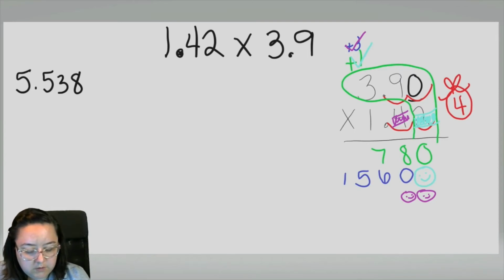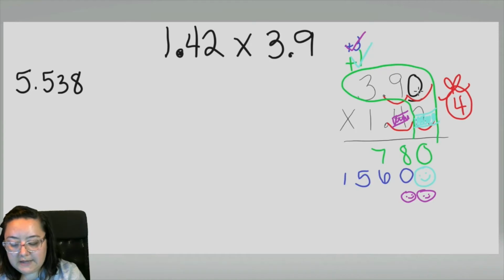So now we're ready to multiply by the 1. 1 times 0 is 0. 1 times 9 is 9. 1 times 3 is 3.